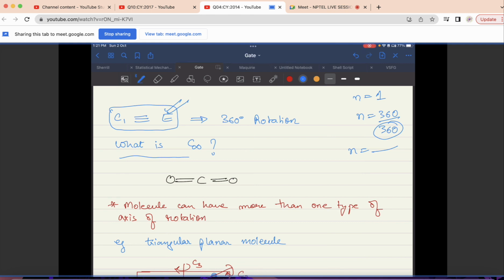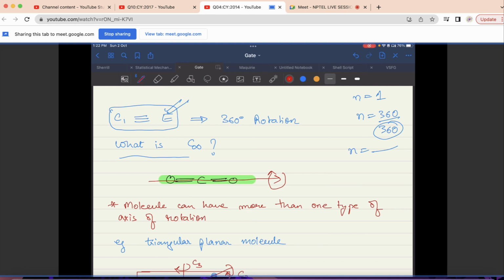So if you see this particular molecule here, this particular molecule CO2 is a linear molecule, and here if I am drawing this rotational axis along these atoms, carbon and 2 oxygen, you will see that for any number of rotations, I will get the same molecule.